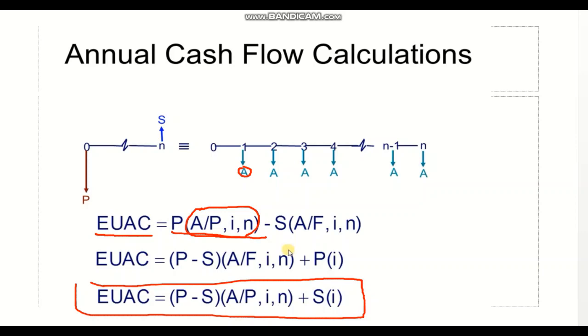The equivalent uniform annual cost is equal to present value minus future value times A over P, i, n, plus the future value multiplied by the interest rate. These three formulations give the equivalent uniform annual cash flow. So okay, let's go again with another example.